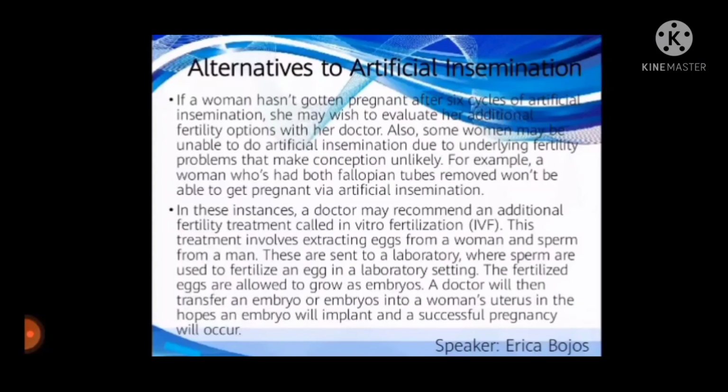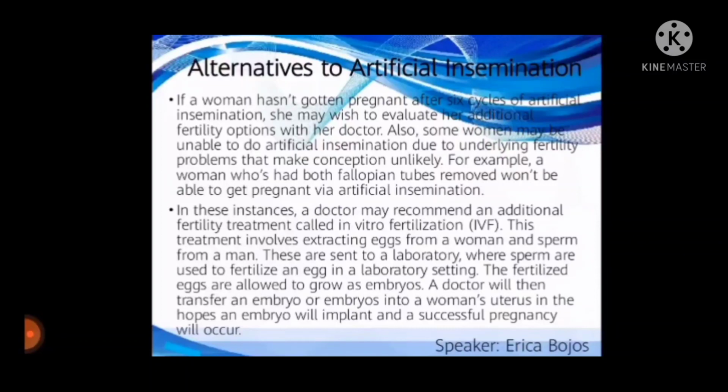For example, a woman who's had both fallopian tubes removed won't be able to get pregnant via artificial insemination. So, if ever na mga ani nga case, a doctor may recommend an additional fertility treatment called in vitro fertilization or IVF.